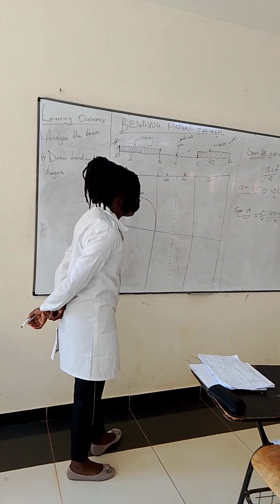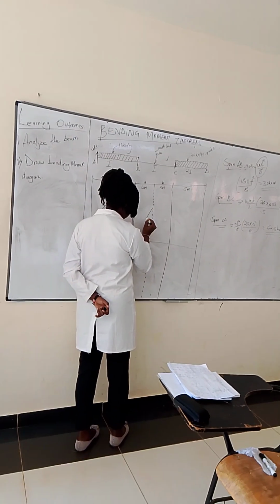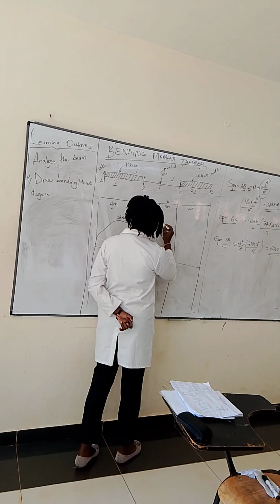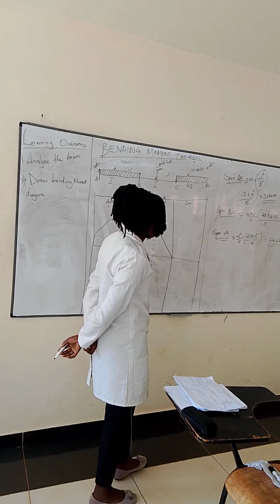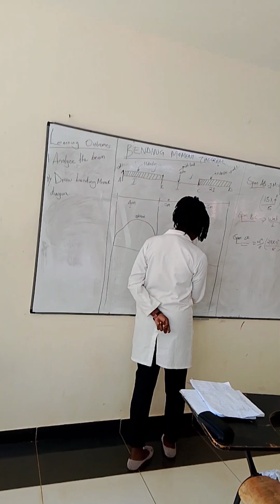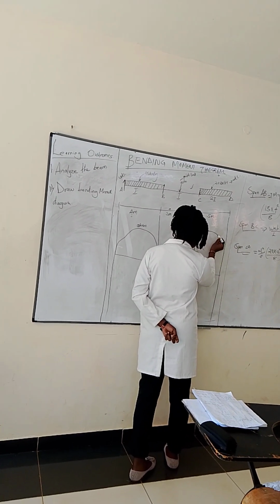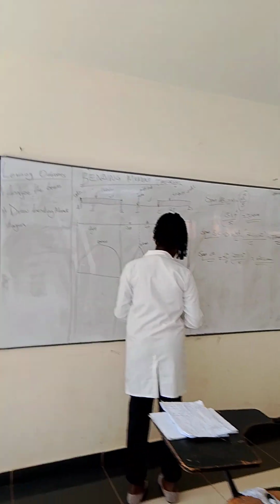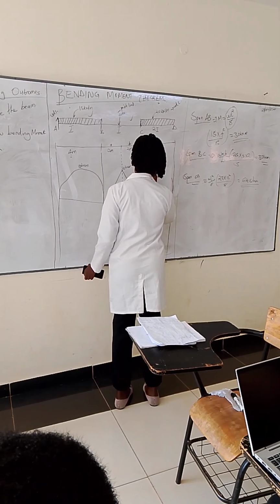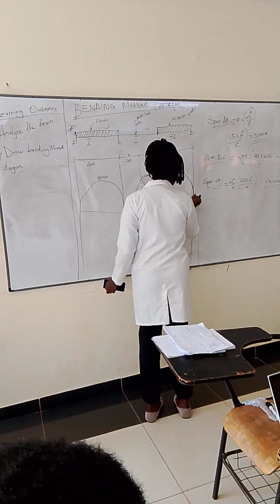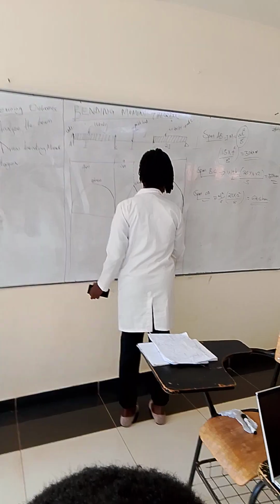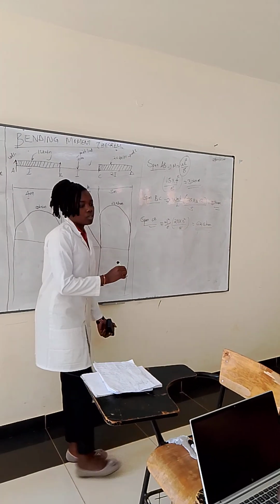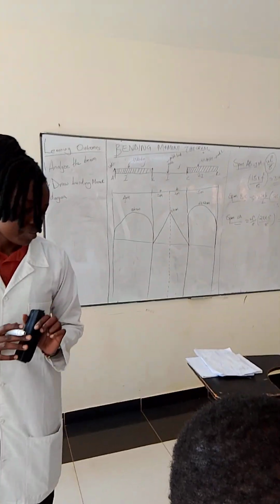And then span BC, same 30. Mine is just a sketch, but I expect yours to be better than mine.